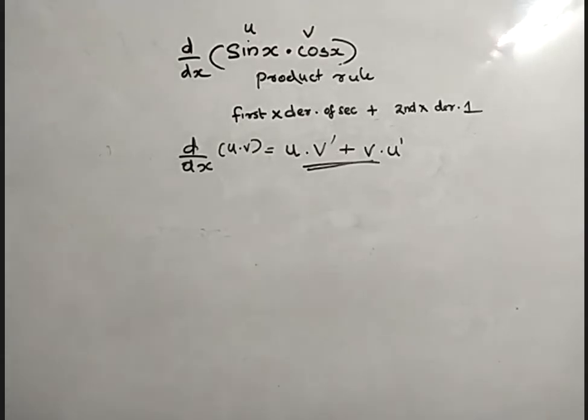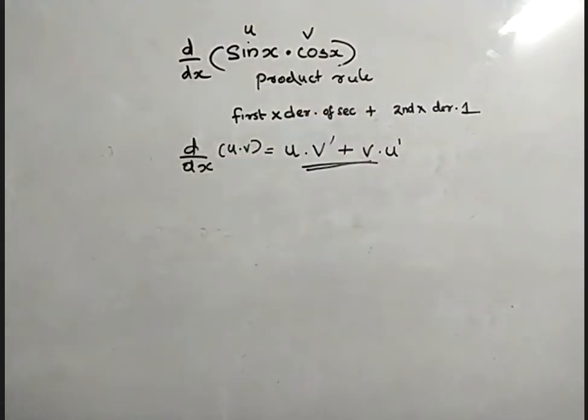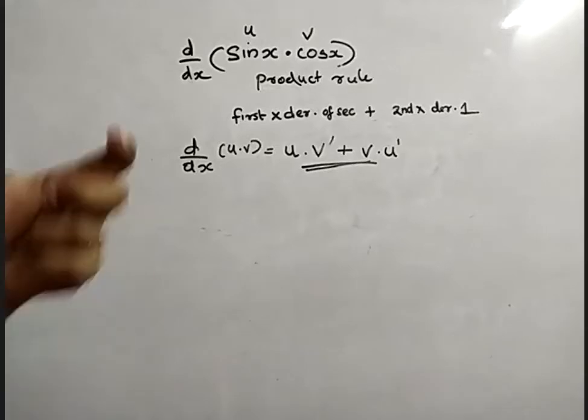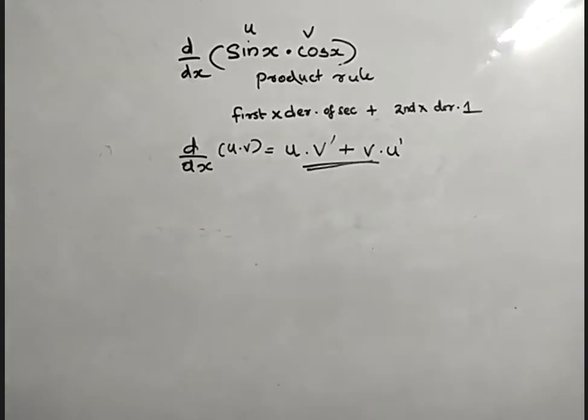Ma'am, if two or more functions come, how can we solve it? Two or more functions coming means take two at a time. Or in that case, we have one other method using log that I'll explain.